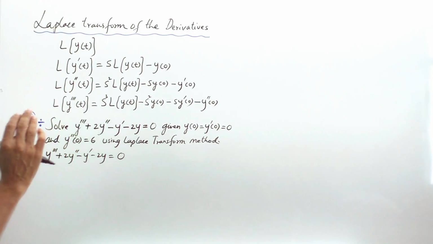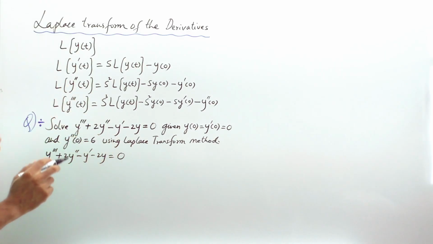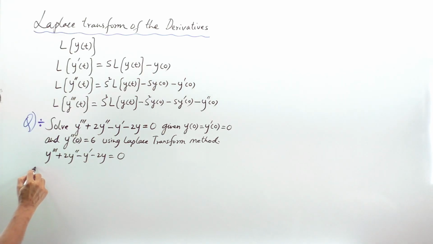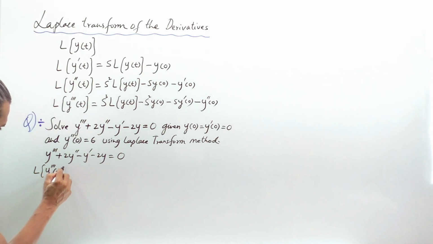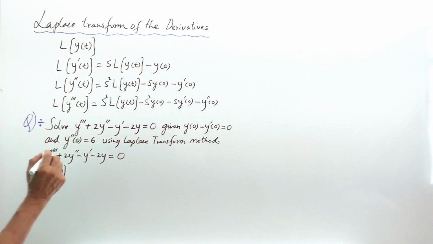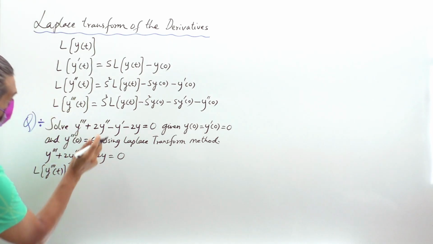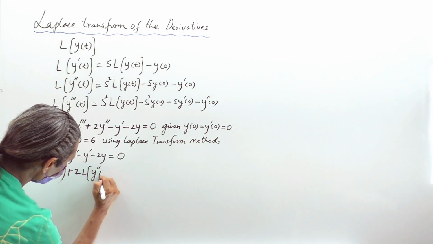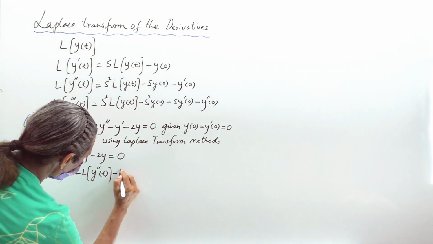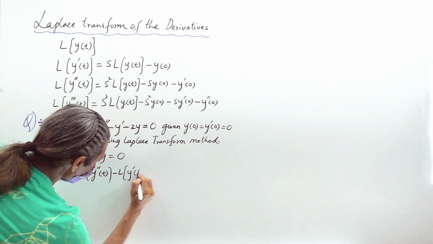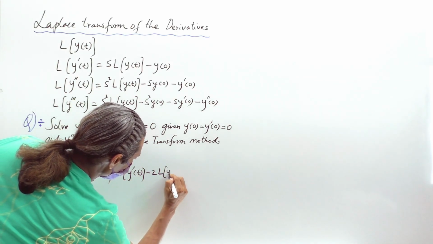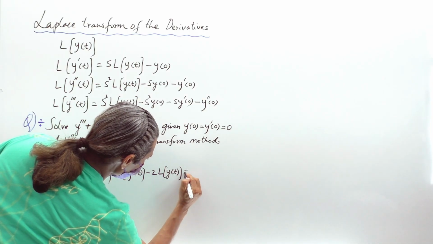So initially we apply Laplace to both sides, taking this as a function of time. We have L of y triple dash of t, plus, because I apply the expressions here, 2 into L of y double dash of t minus L of y dash of t minus 2L of y of t equals 0.